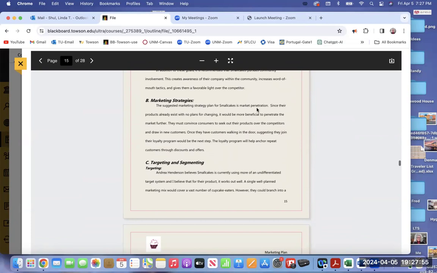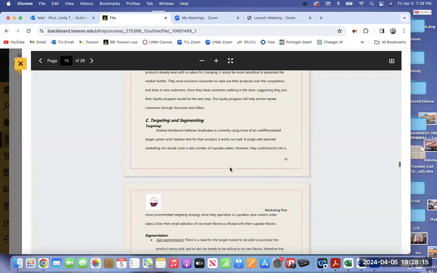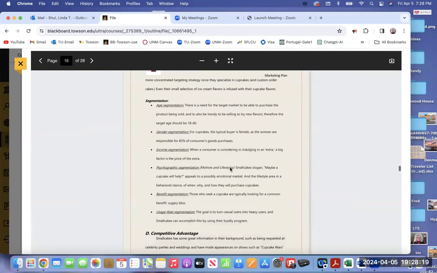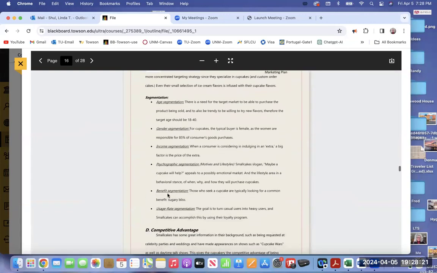So in the 4 generic marketing strategies, this person picked market penetration and they explained it for their client. It's not hard to do. You just have to understand what that strategy is and explain it for your client. And then here's targeting and segmenting. And this is something you guys did. You can pop it right in there.